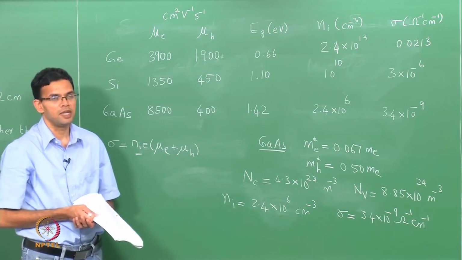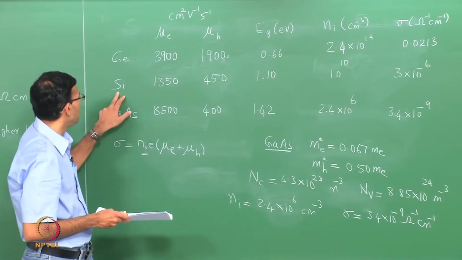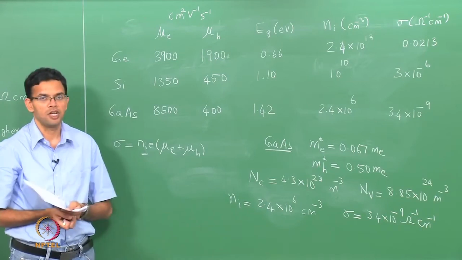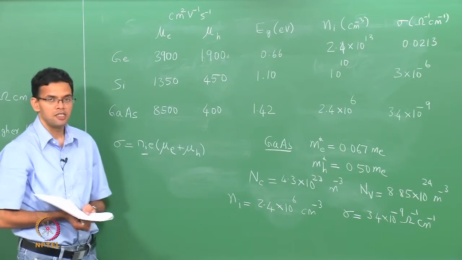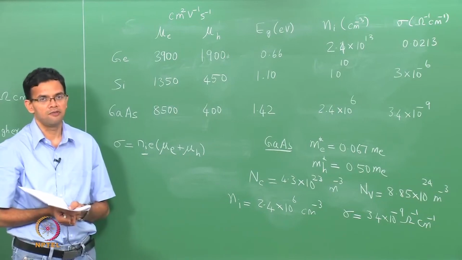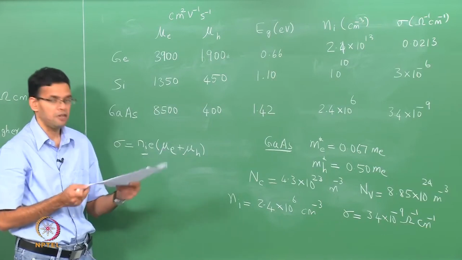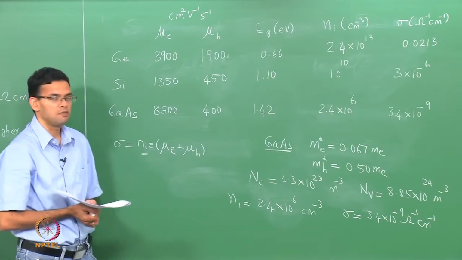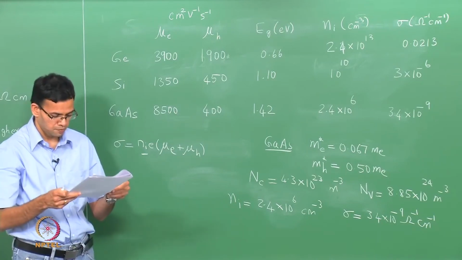So, we will see doping next. More importantly, silicon is much more abundant than germanium. Silicon is the second most abundant element on earth, around 27%. Germanium on the other hand is the 50th most abundant element, its concentration is around 10 to the minus 6%. So, this is the reason why silicon has come to dominate the microelectronics industry.